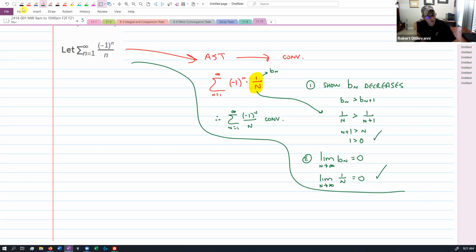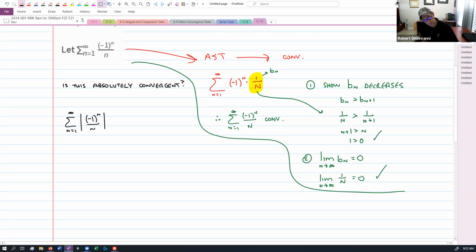Now, different question. Is this absolutely convergent? That's a different question. So what you need to do now is take the sum from n equals 1 to infinity of the absolute value of that sequence.